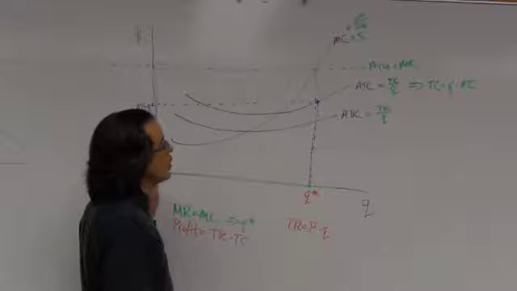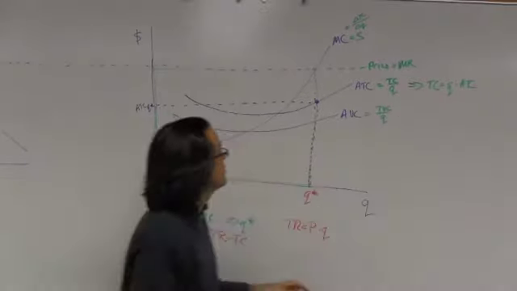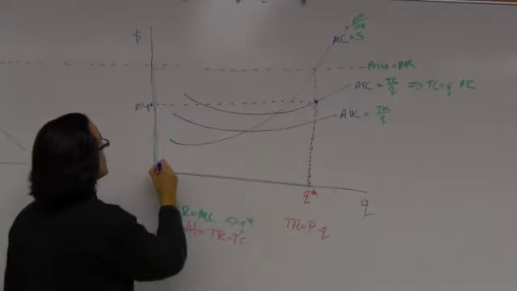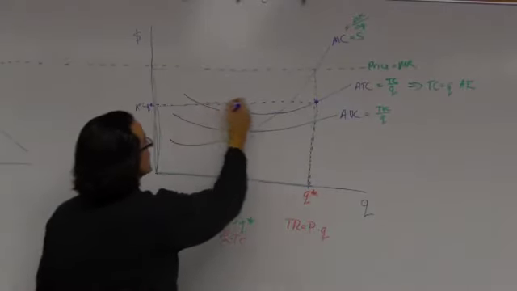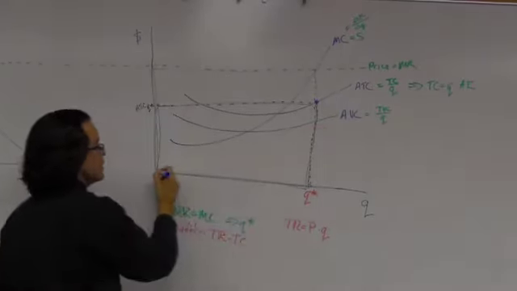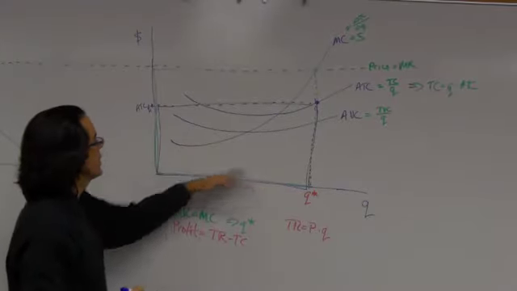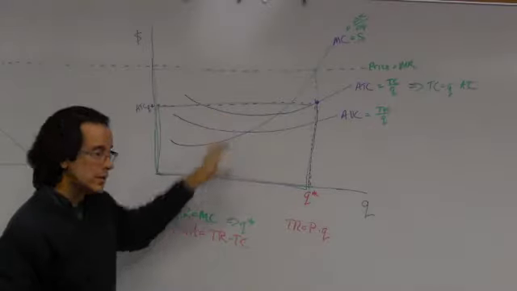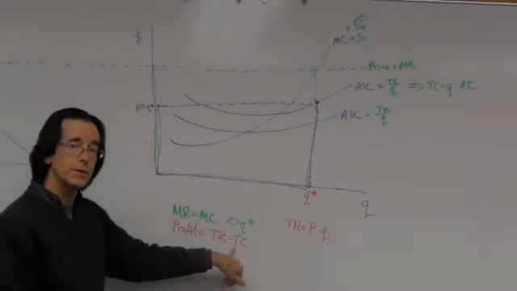And how will we show the total cost? Well, it's going to be that quantity times that average total cost. And so the area of this box, height times width, is our total cost. Now we've got our second element.